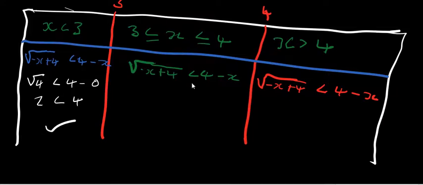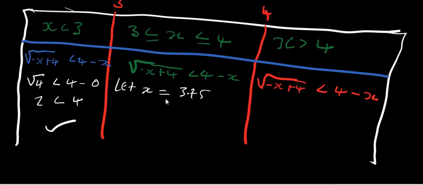Okay, let's go to the next one. Between 3 and 4, you can get 3.25, or we can get 3.75. Okay, let's get 3.75. Let x be equal to 3.75.